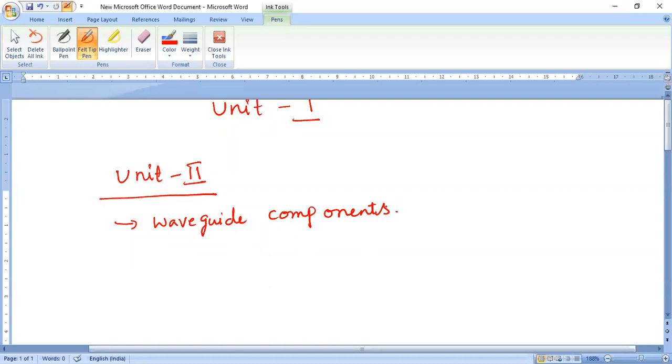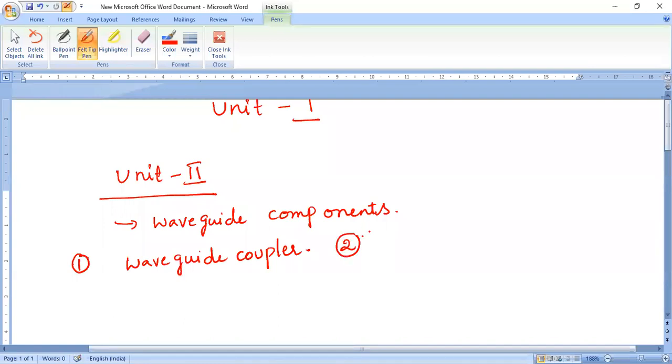So what are the different waveguide components we have? Starting from waveguide couplers, this is a subheading, this is one.